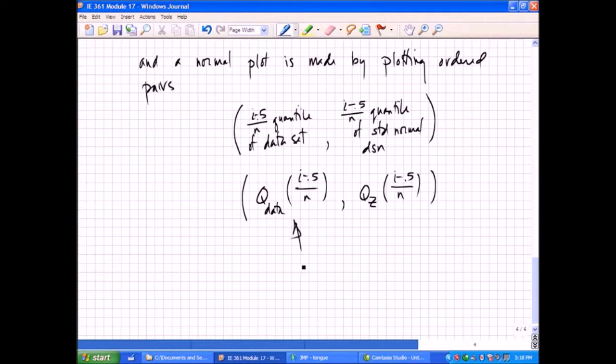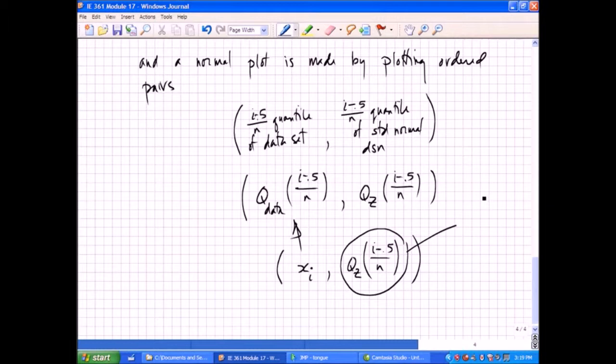And in fact, by convention, that guy is the ith ordered x value, and so it's something like this.